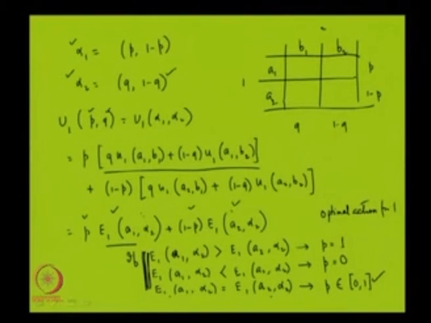In the other cases, one of the actions is having a probability 0 and the other action is getting the probability 1. Only in this case, a particular player, it might be player 2 also, is attaching positive probabilities to both of his actions.